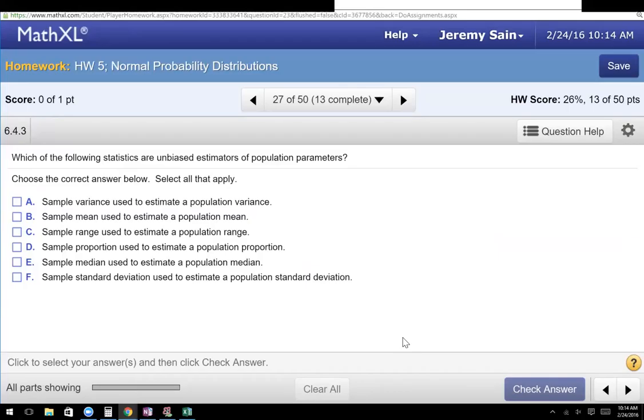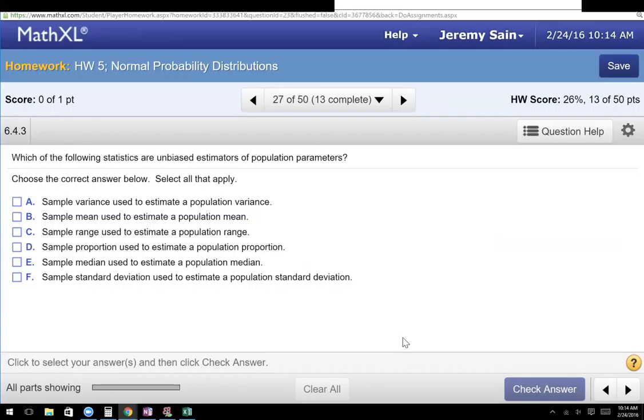So if you want to estimate the mean of a population, you take a sample, take the mean of the sample, and say, okay, this is an estimate. That's unbiased. Same thing, if you want to know the variance of a population, take the variance of a sample, that's actually unbiased.